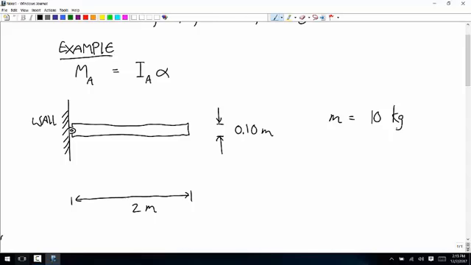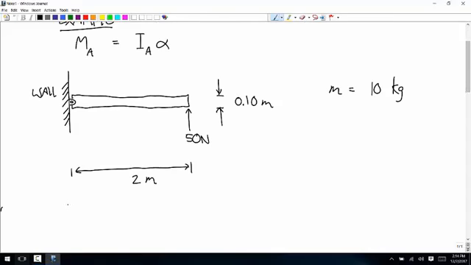And someone applies a 50 Newton force here. And we want to know what's the angular acceleration of the object.